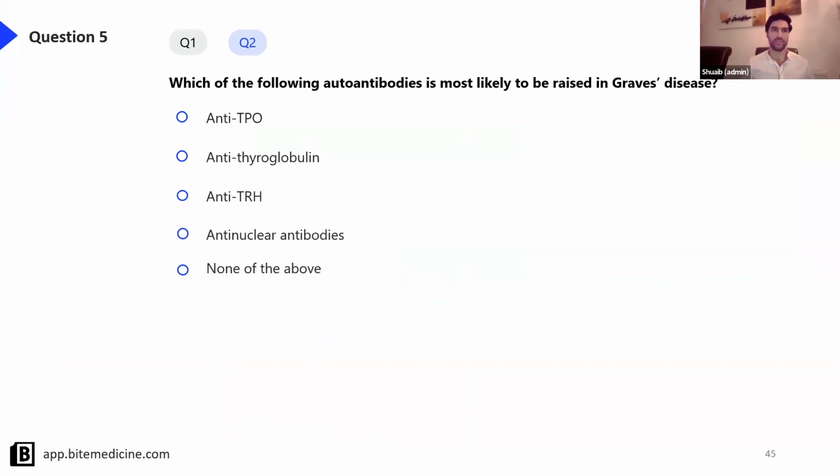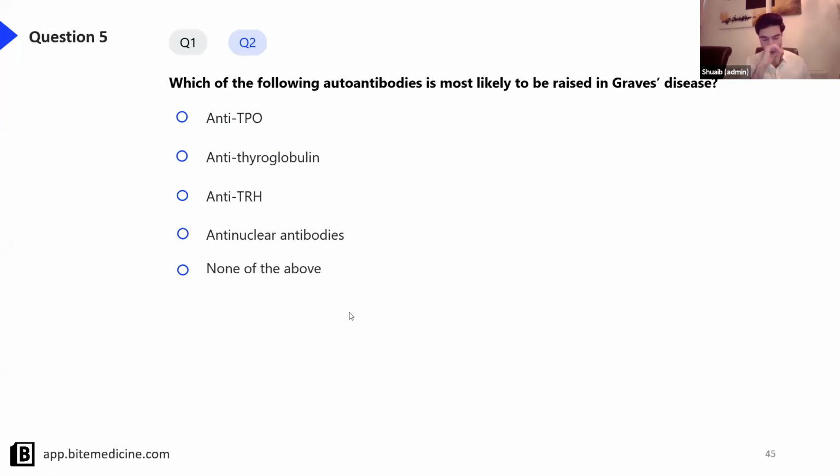Quick question on this. Which of the following autoantibodies is most likely to be raised in Graves' disease? I'll give you about 20 seconds to answer this. Anti-TPO is antithyroid peroxidase, antithyroglobulin, antithyroid releasing hormone, anti-nuclear antibodies, or none of the above.